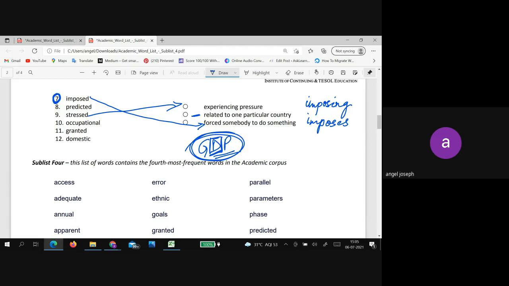You guys would have heard this word domestic violence. Have you heard this word? Domestic violence is a word that is used especially when someone is not treated well inside a house, inside a particular home.